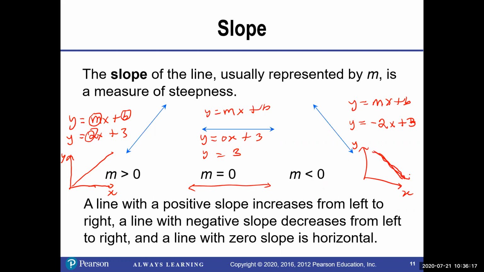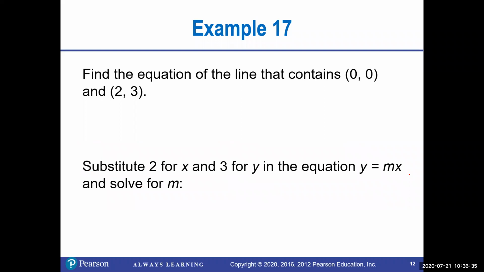This has a negative slope. It is trending downwards. This means as x increases, y is decreasing, or the reverse. Is that okay? And that is how these will look.